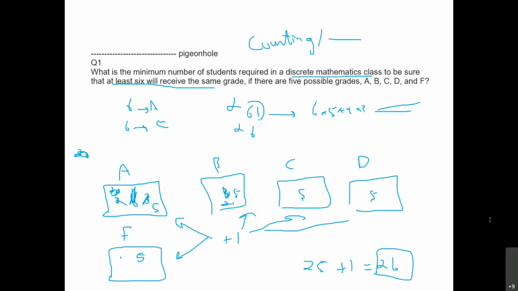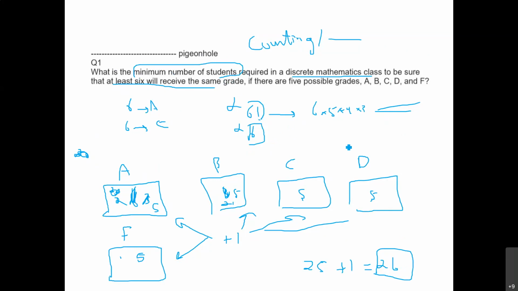Yes, the question is saying that 6 should have the same grade, but it's saying what is the minimum number of students. So 6 factorial is not the minimum number of students. 26 is. Yes, if you only have 6 students, it's possible that they got an A, but that's a specific case.